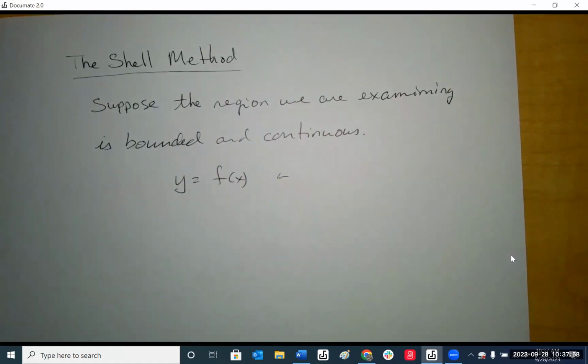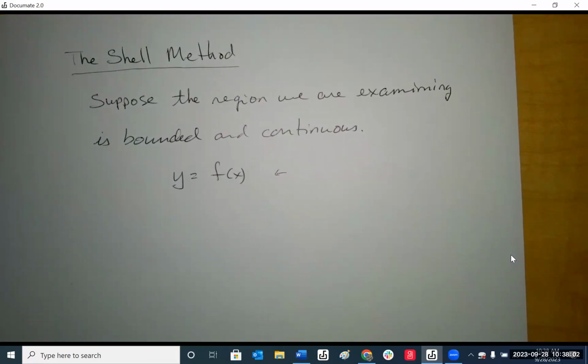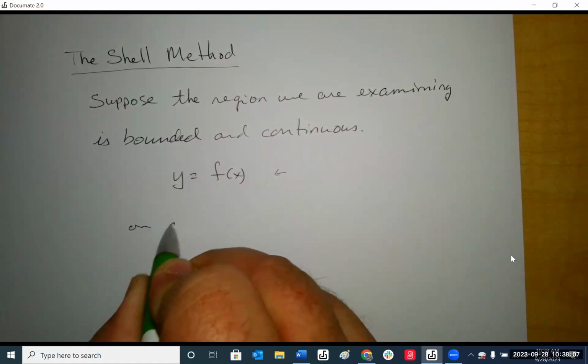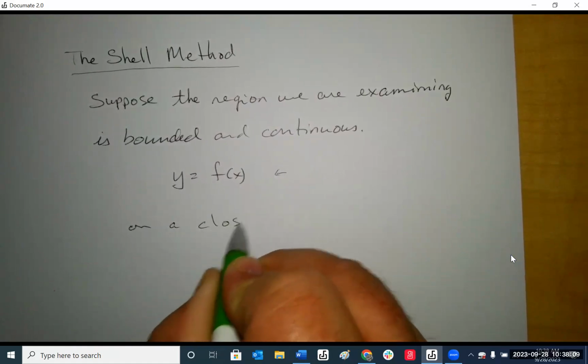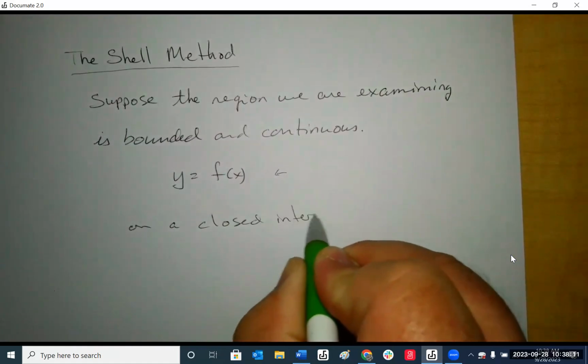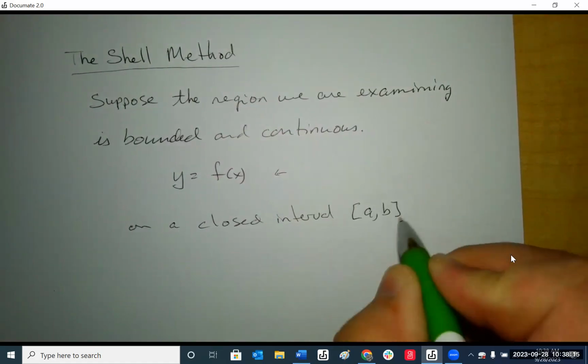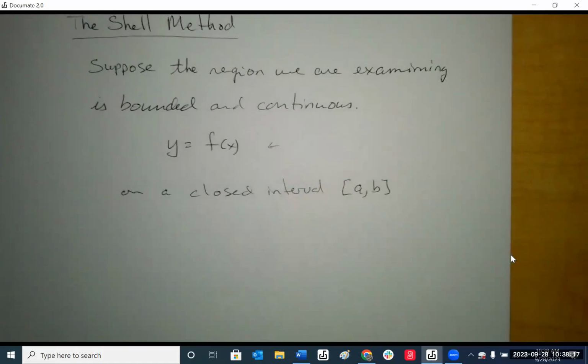Because in order to be integrable, it has to be differentiable, on a closed interval. Why closed interval?